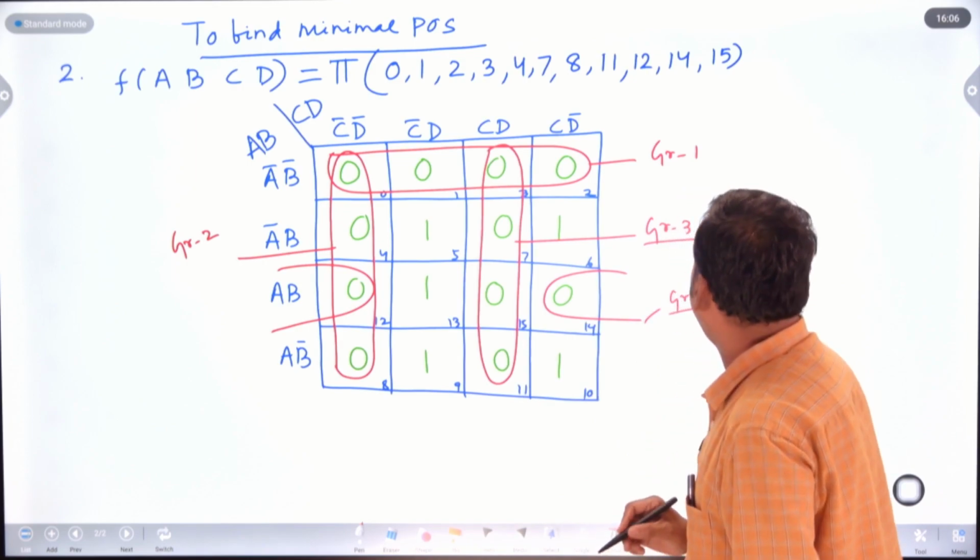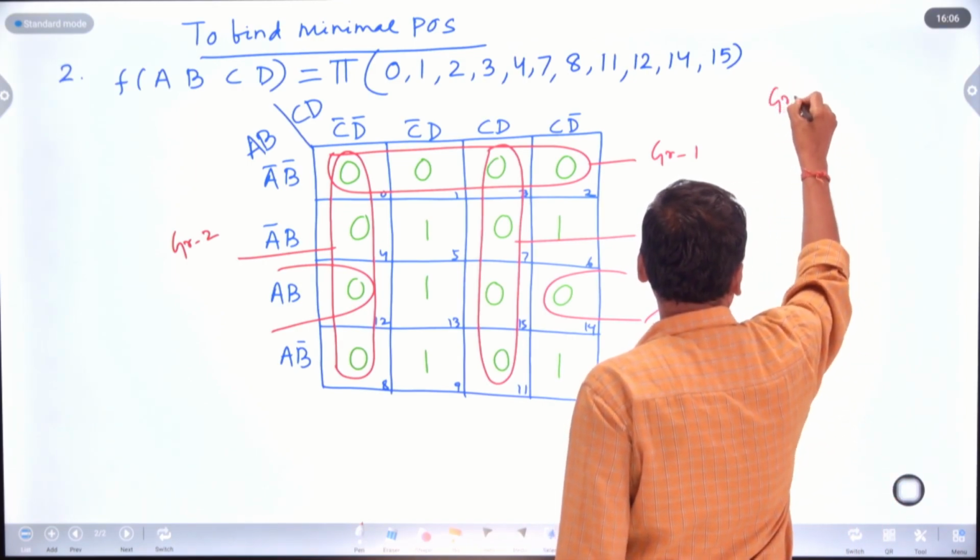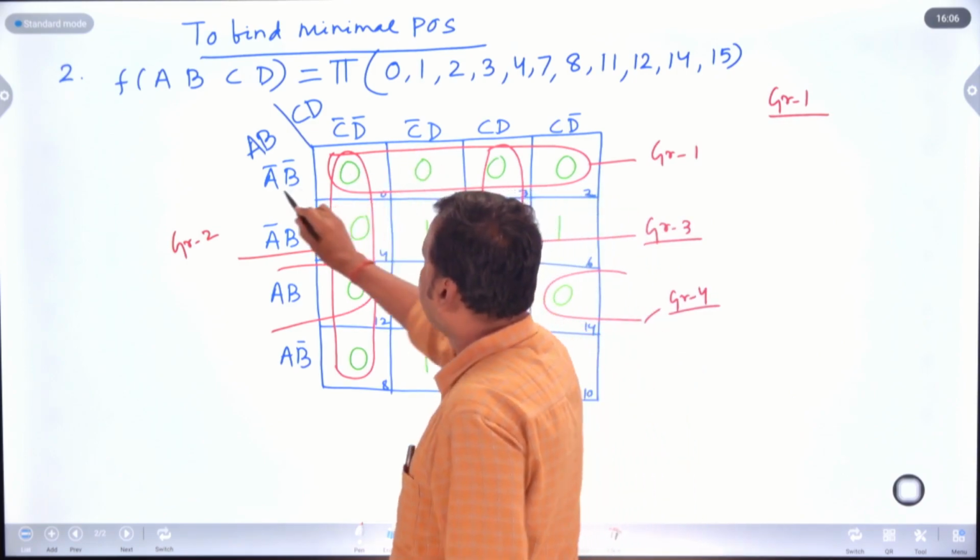Okay. From group 1, what do you obtain? In group 1, straightforward, that is A bar, B bar.